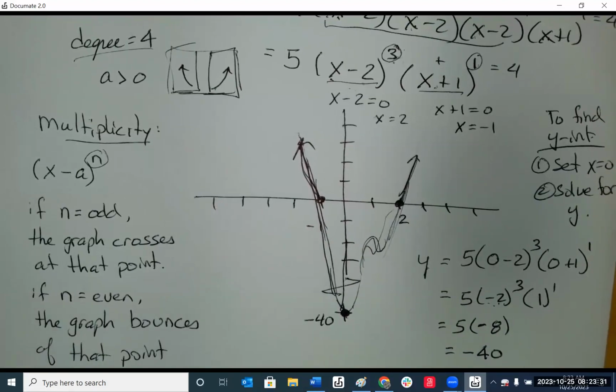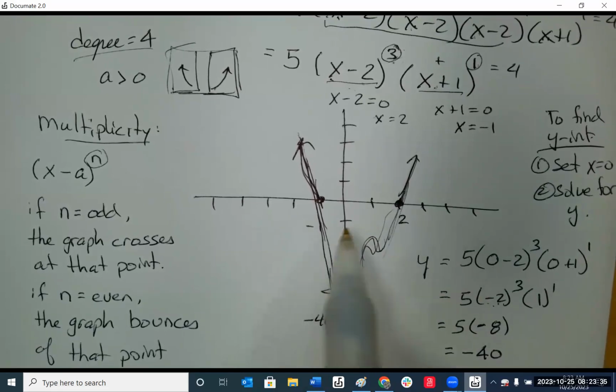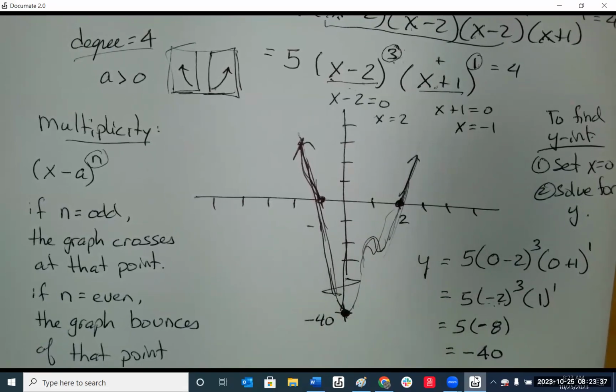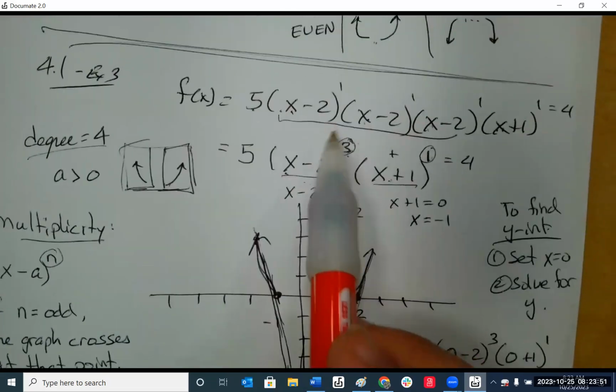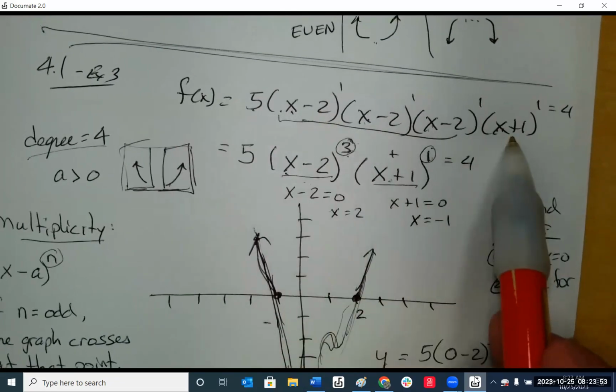That's all we know so far. To find the rest of the graph, we have to plot some points. So again, the hardest part is going to be getting to this point.